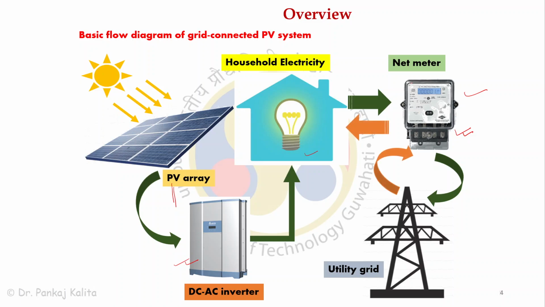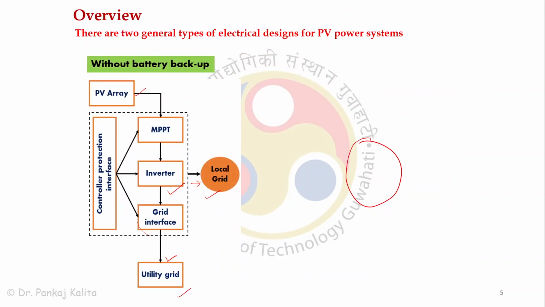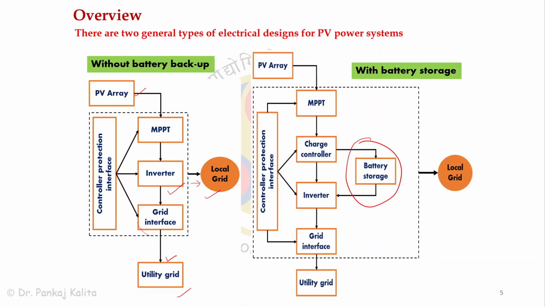So it works in two ways. There are two types of electrical designs for a photovoltaic power system: without battery backup and with battery backup. These are pretty simple. The one on the right hand side shows the system with battery storage capacity.